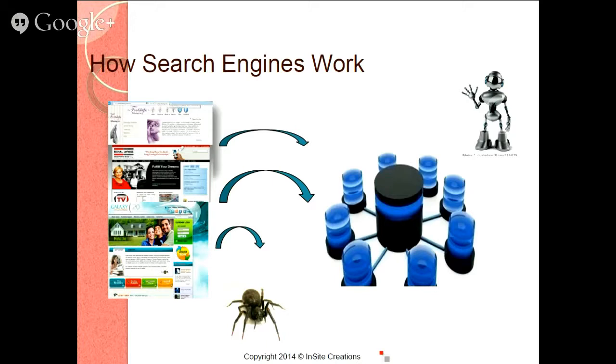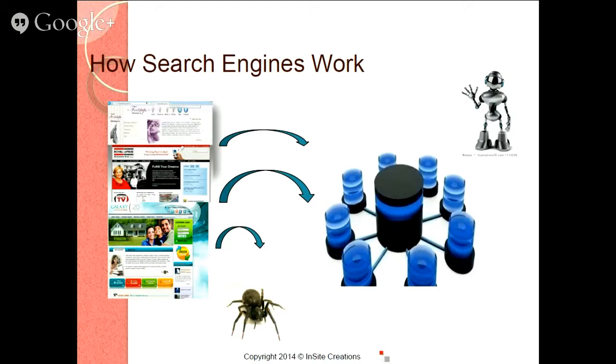So when someone does a query and types in a keyword or a keyword phrase, it will go back to its database and go through all the various sites through a specific algorithm to try and feed back the most relevant results that they can find. And hopefully, if you've positioned yourself well, your site address or site page will come up.